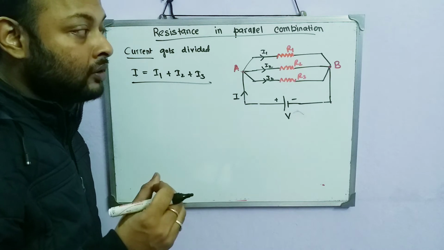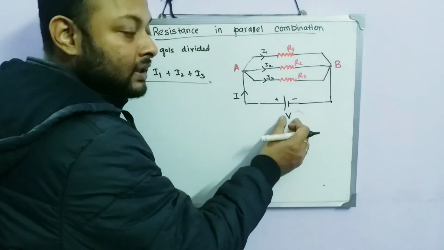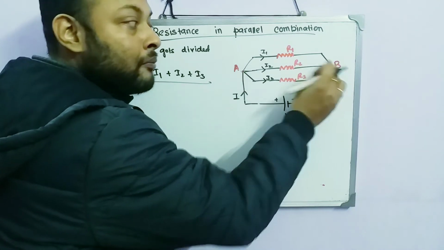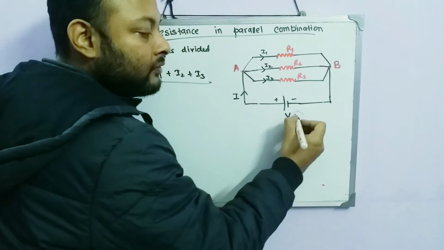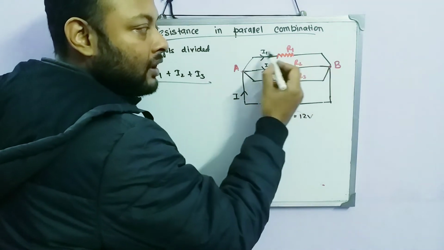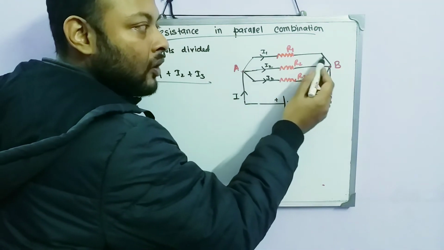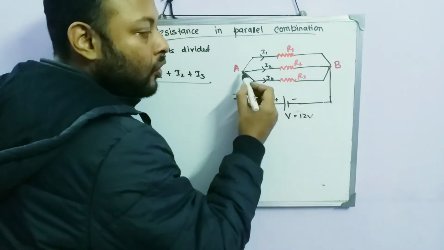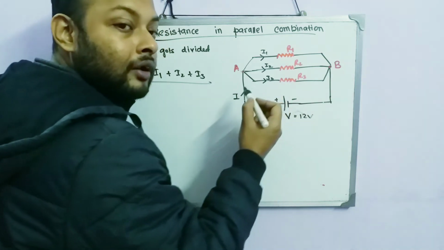Now, what I told you is that whatever potential I'm giving over here is the same potential between A and B. Suppose this value is 12 volt. In this wire, how much am I having? 12 volt. In this second wire? 12 volt. Over here? 12 volt.